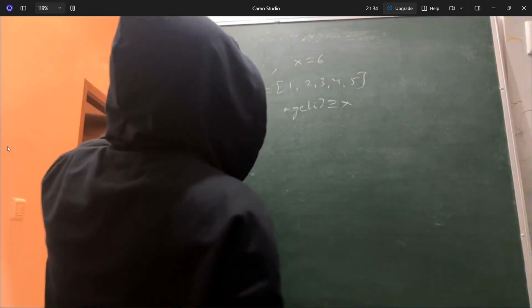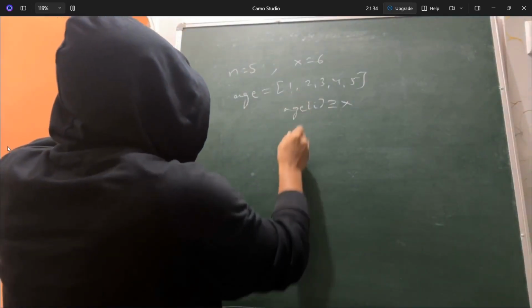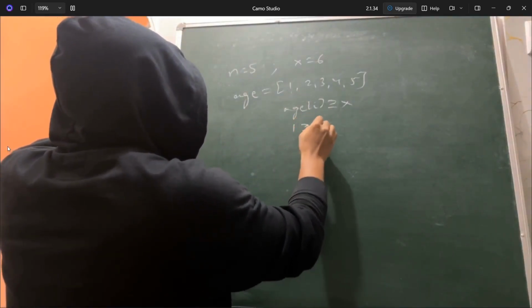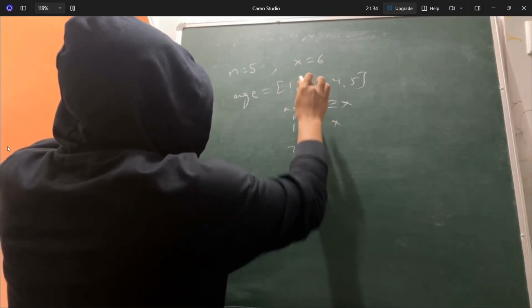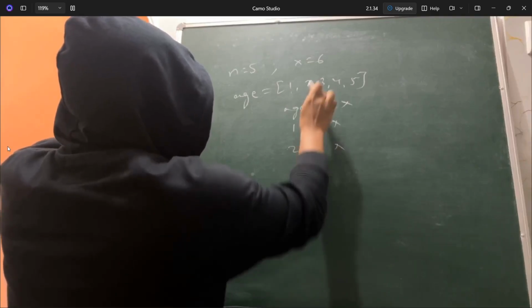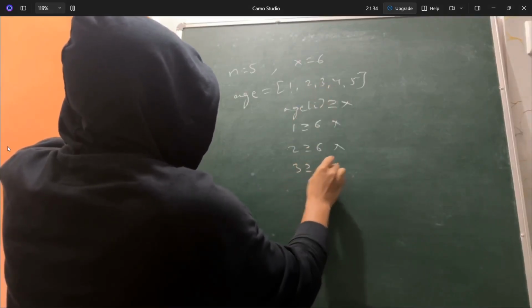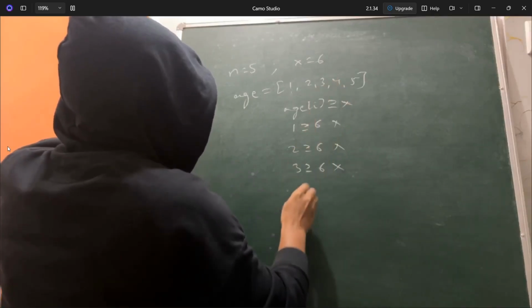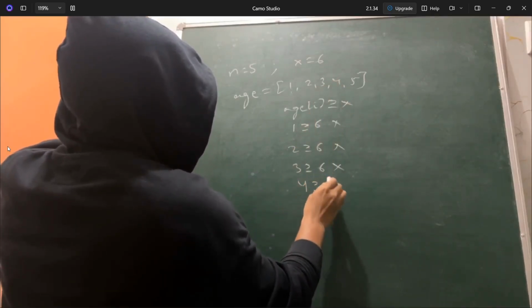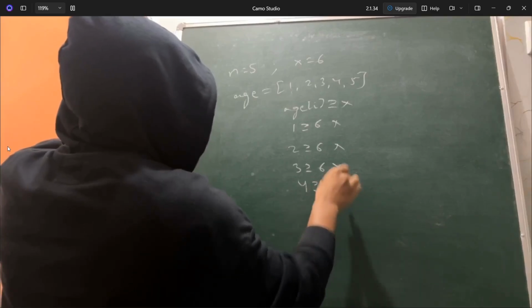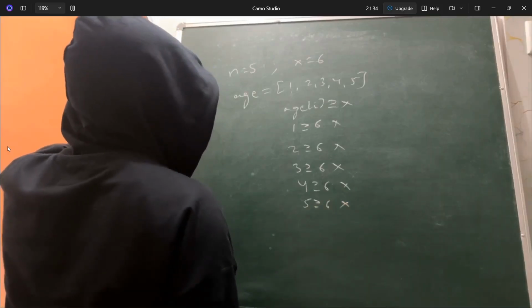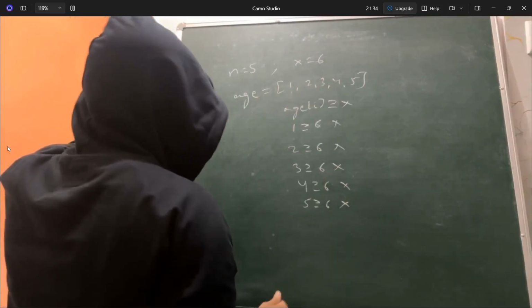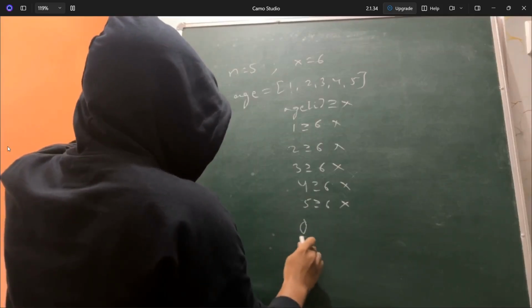The first one, 1 greater than or equal to 6, is false, so the first person will not be able to vote. The second, third, fourth and fifth persons will also not be able to vote. So no people in Chefland will be able to vote. In this case, we'll have to return 0.